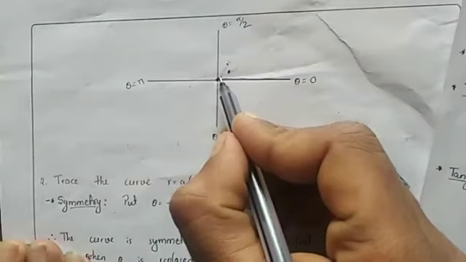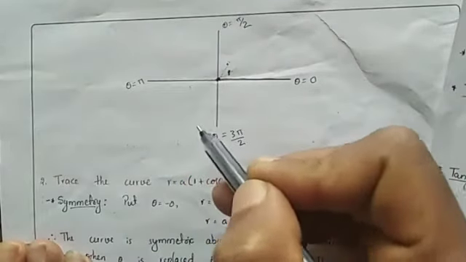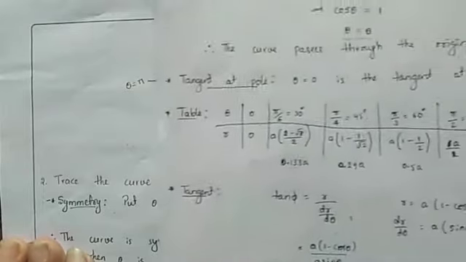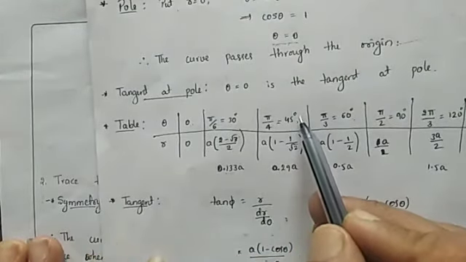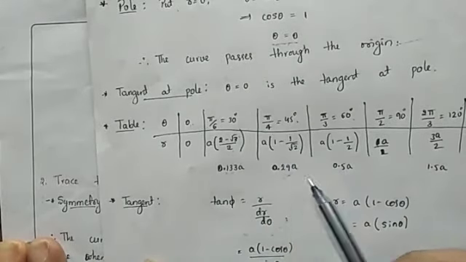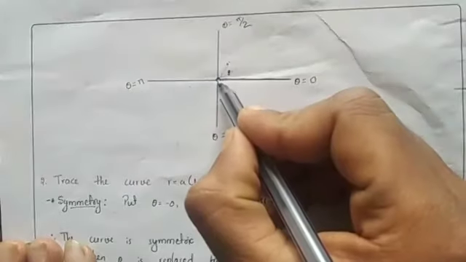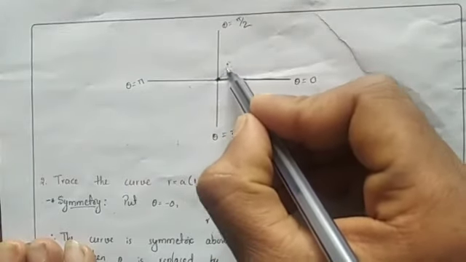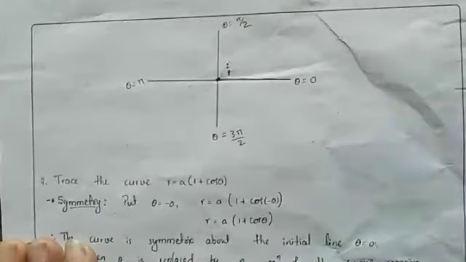This angle is 30 degrees. In this point we see 0.133a. The next one is for the theta value 45 degrees. In the 45 degrees, the value of r is a into 1 minus 1 by root 2. That value is 0.29a. In this case, we see the 45 degrees 0.29a is this point.